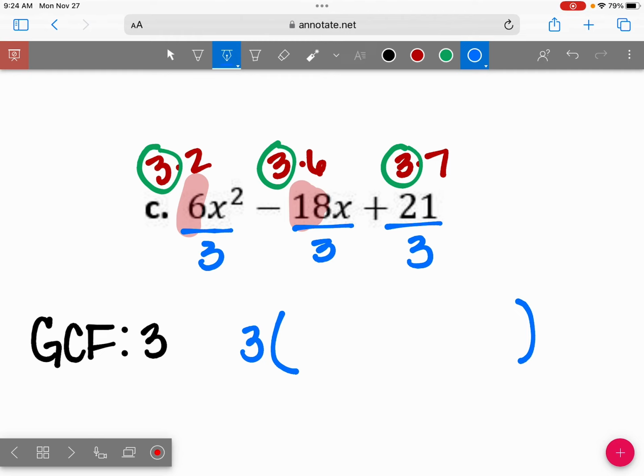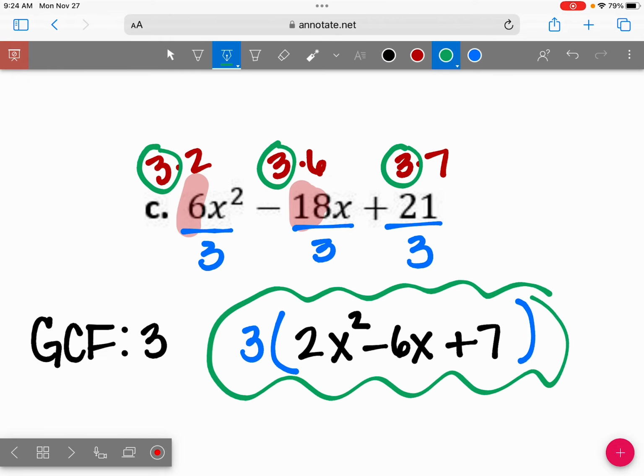So 6 divided by 3 is 2. And it's 2x squared because we have to keep both of those x's. And then you have 18x divided by 3 is 6x. And 21 divided by 3 is 7.